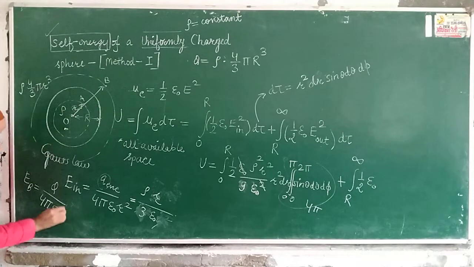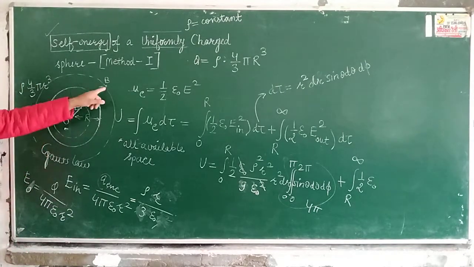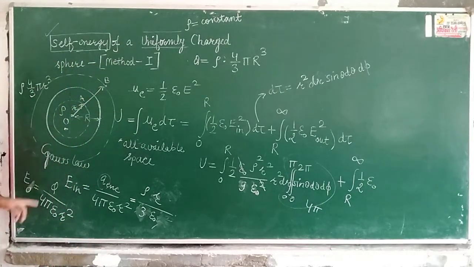Okay, yeah, R you can take simply r square. Okay, so this is E out, because B point is outside the sphere, and you are to take square of this.